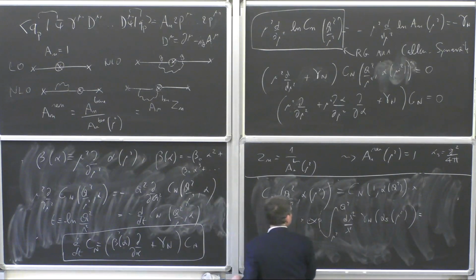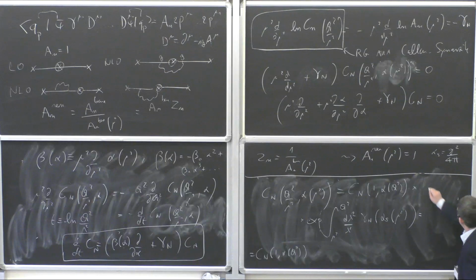So we rewrite this as Cn of 1 alpha of q square. Just as a reminder, Cn of 1 alpha of q square is a series that starts with 1. Why does it start with 1?